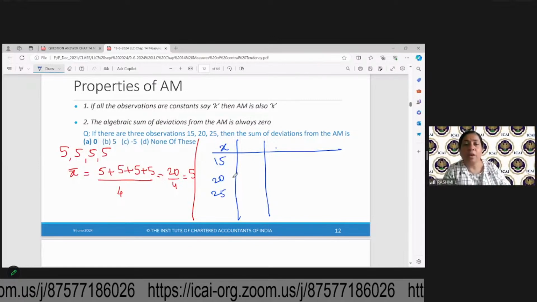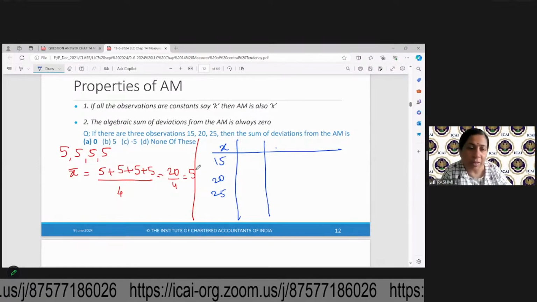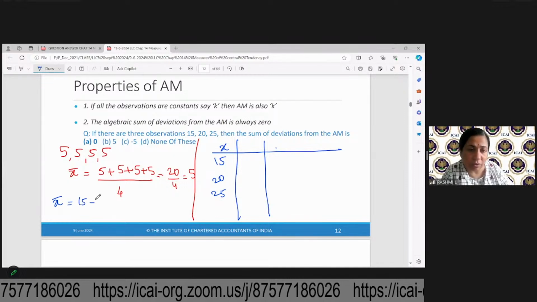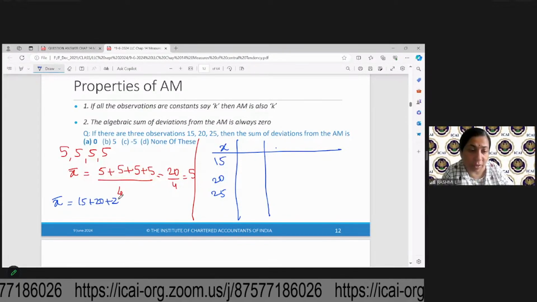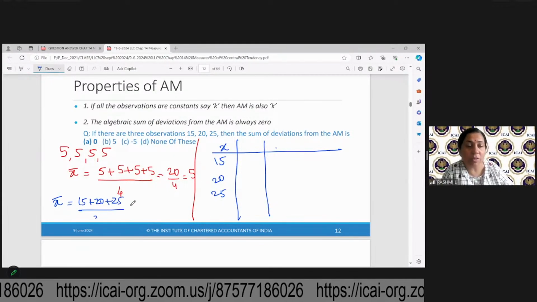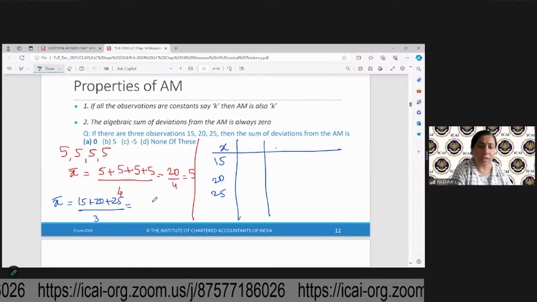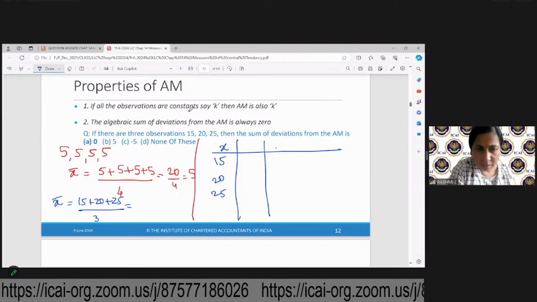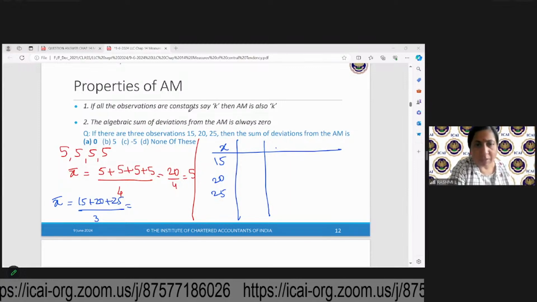I must find x bar. X bar is 15 plus 20 plus 25, three figures, so divided by 3. X bar is 20.